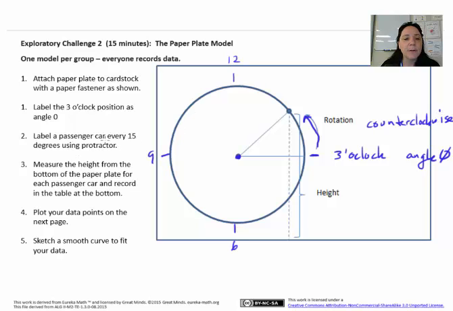So they were asked to label a passenger car every 15 degrees using a protractor and to measure the height from the bottom of the paper plate for each of those measured degrees because they represent passenger cars. And they were asked to record them in a table and plot their data points on the next page and then sketch a smooth curve.